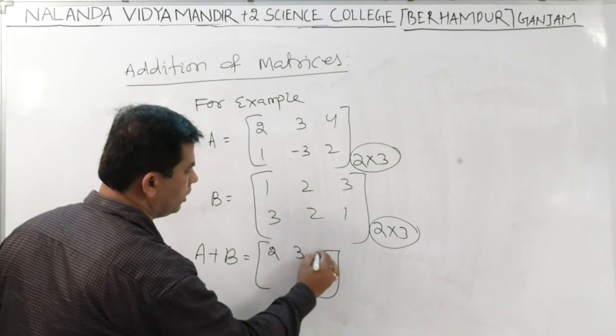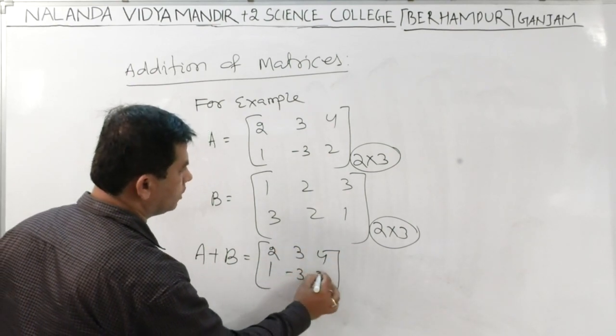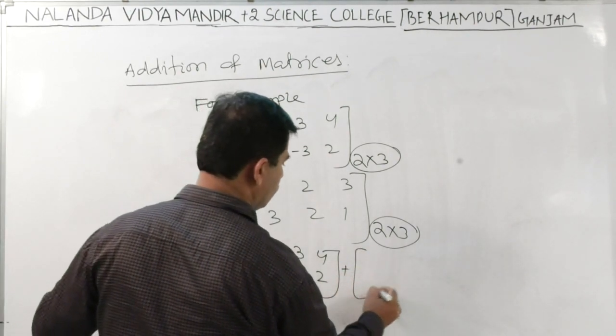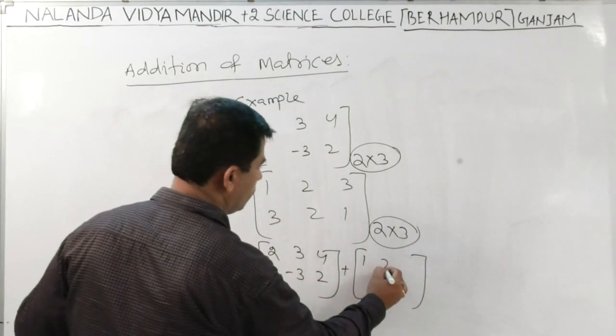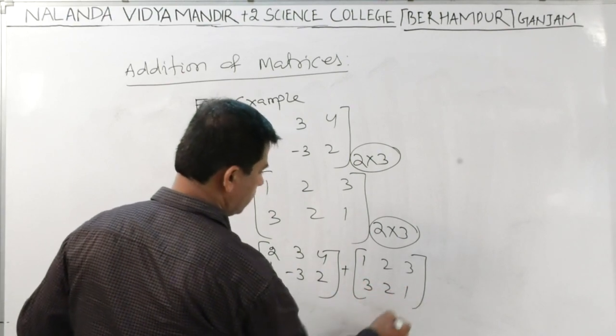A plus B is equal to 2 3 4 1 minus 3 2 plus 1 2 3 3 2 1.